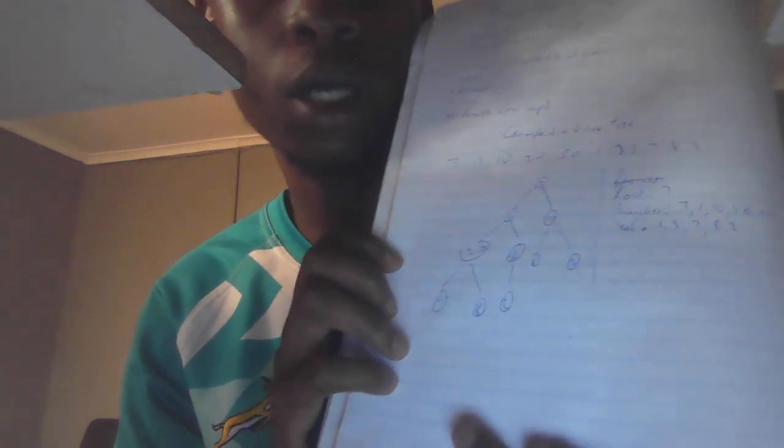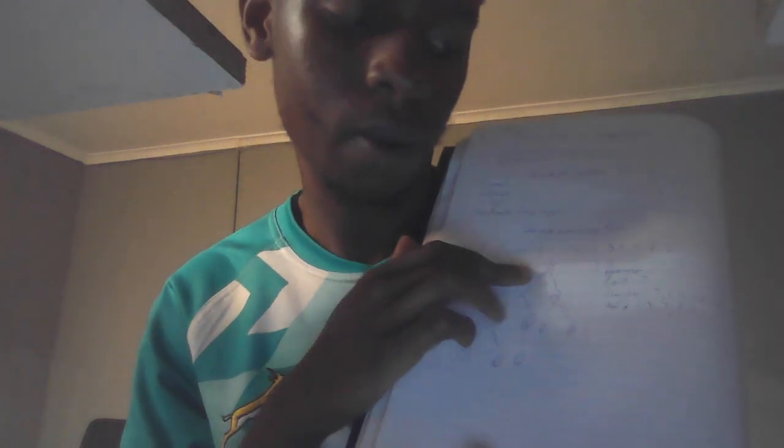Here's an example of a binary tree. We are given here 7, 1, 10, 20, 50, 1, 3, 7, 8, 2. So here is our binary tree. At the top must be a root.